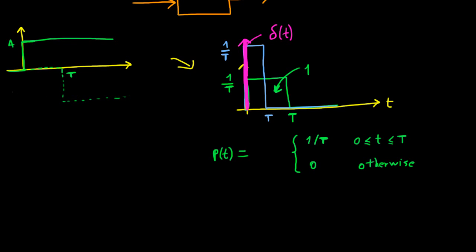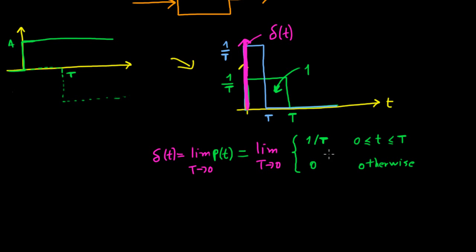So the unit impulse, delta of t, is just the limit of p of t when capital T tends to 0.